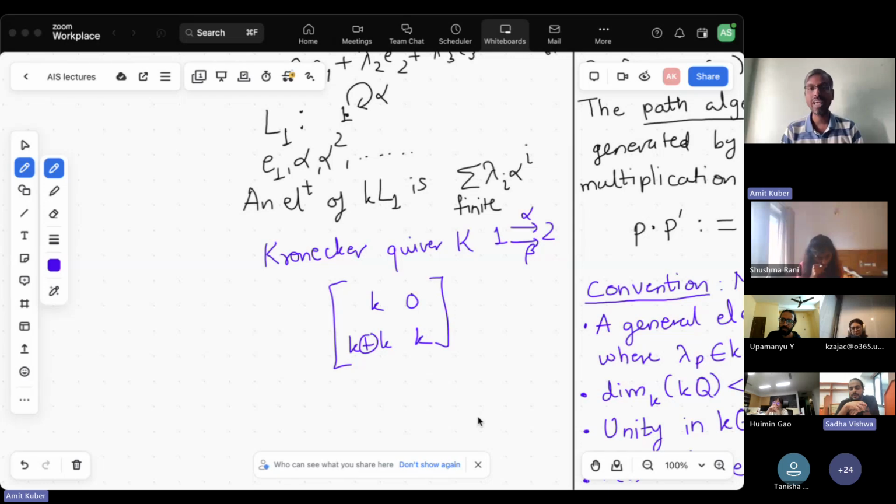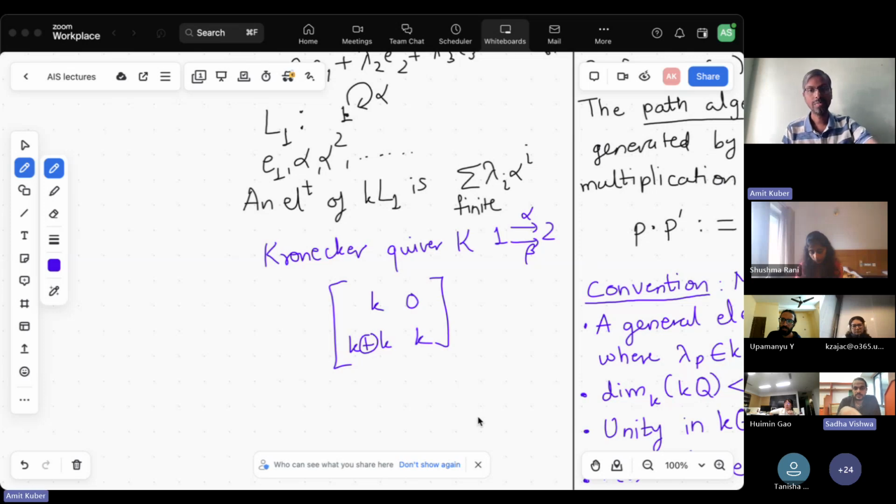Only alpha composed with E1, beta composed with E1, or E2 composed with alpha, E2 composed with beta. Only those things make sense. The composition will make sense if and only if the corresponding matrix entries are compatible, if at all they interact with each other properly. Otherwise, everything else will remain the same.